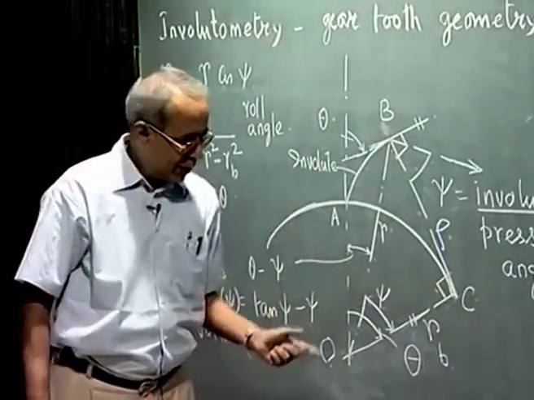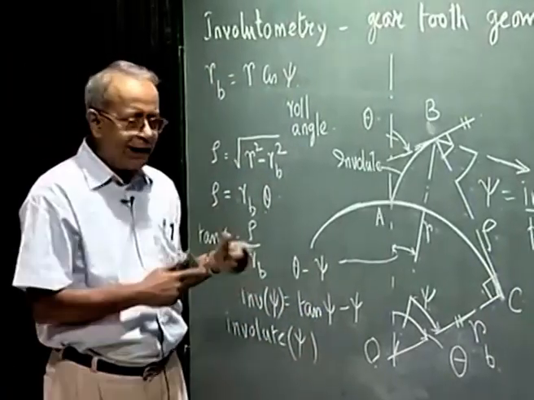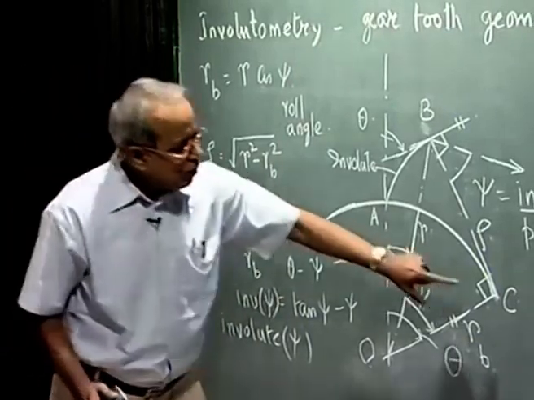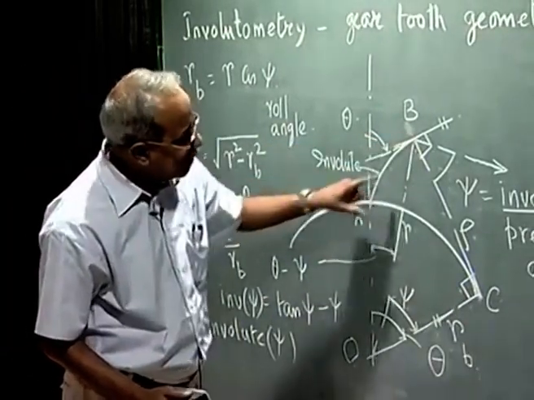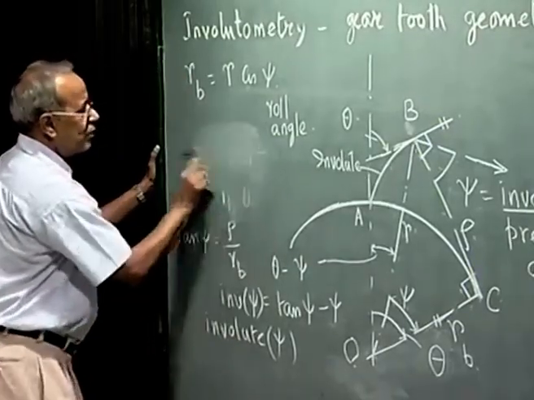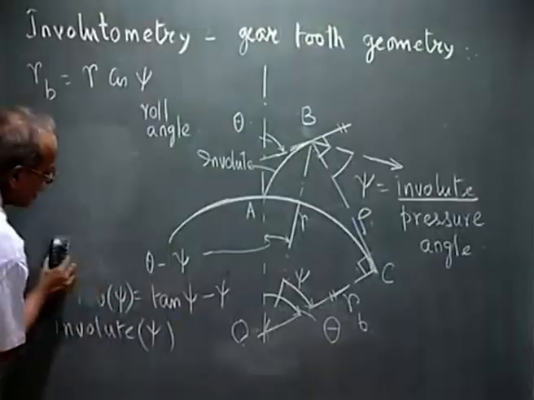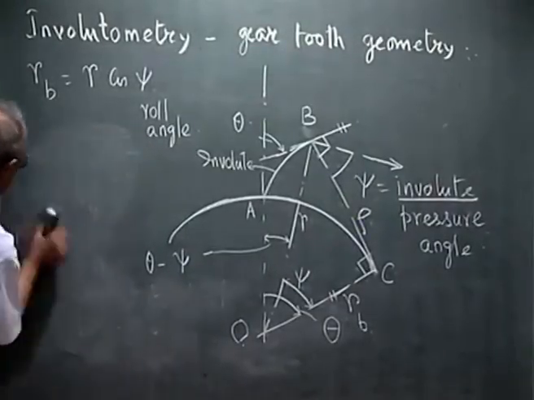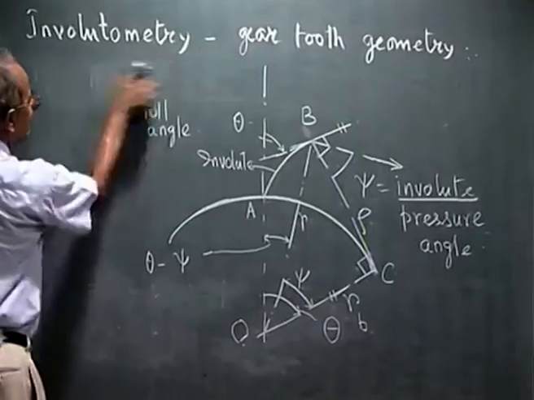As I said, when RB goes to infinity, the gear gets converted into a rack. So, under that situation, what is the radius of curvature of the corresponding involute profile? So, let me now say what is the radius of curvature of the involute tooth profile of a rack. Rack means where RB goes to infinity.